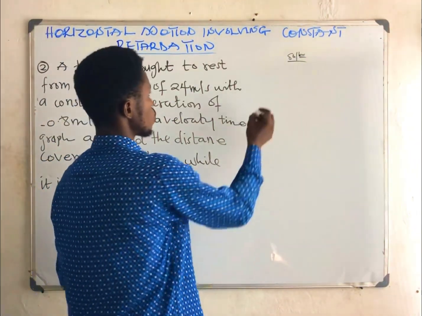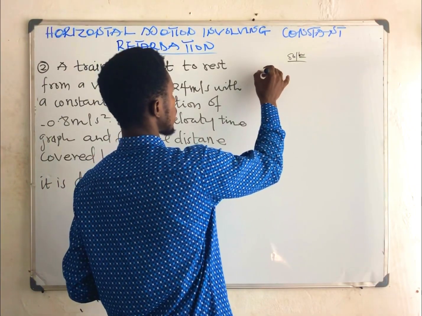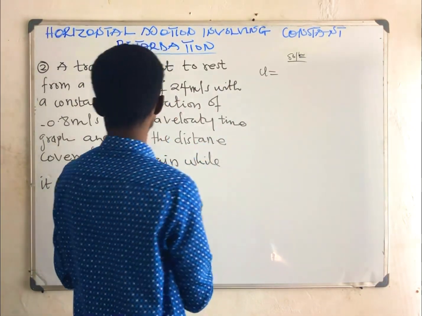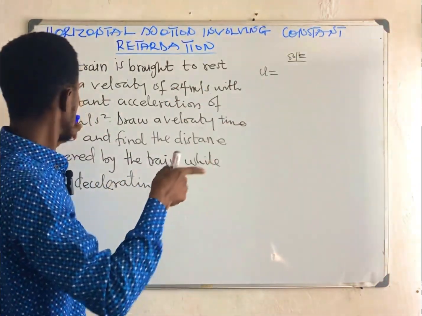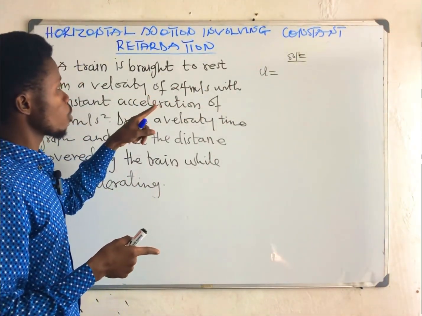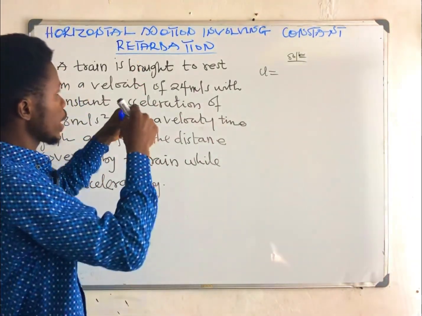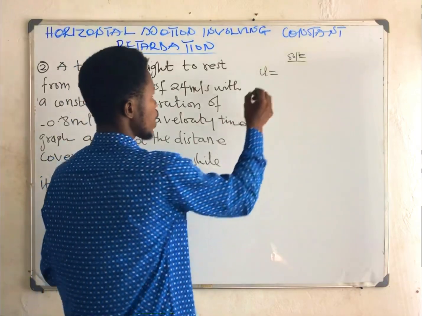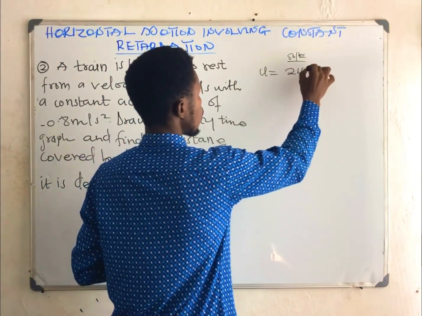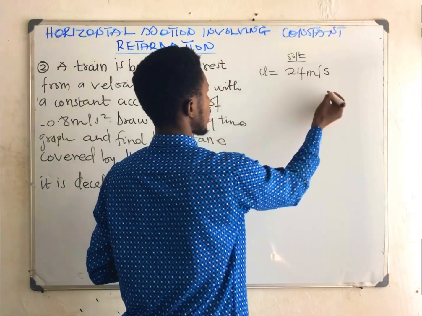Good. So first, let's look at our U. A train is brought to rest from a velocity of 24 meters per second. So it was coming from somewhere which was 24 meters per second. So that means the initial is 24 meters per second.